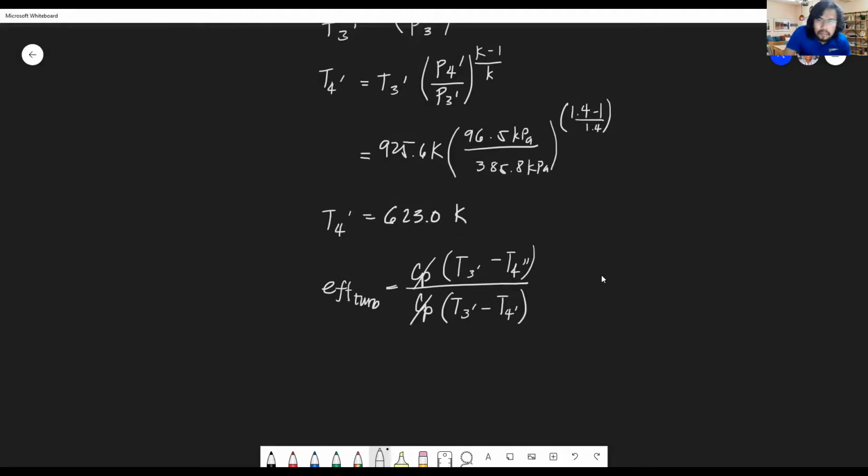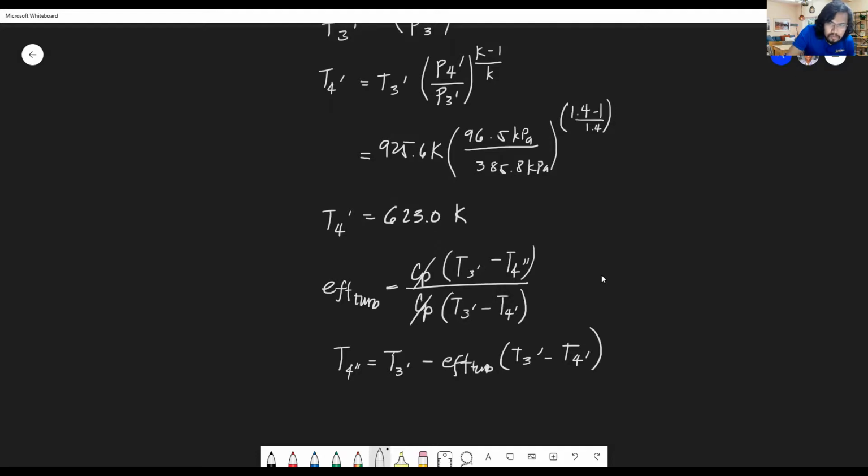Cp cancels. So the turbine efficiency will just be moving over this portion to the side of the efficiency of the turbine, and we can solve for T4 double prime by subtracting the efficiency of the turbine times T3 prime minus T4 prime.